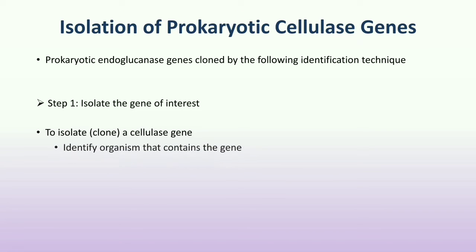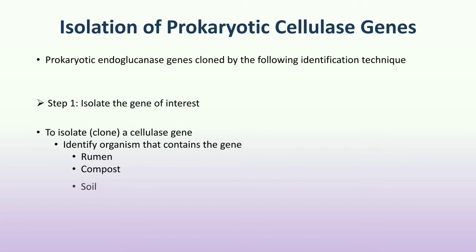This cellulase gene can be obtained from a number of organisms such as the rumen of ruminants like cows, compost, soil, leaf litter, decaying wood, and microorganisms, which are the main sources of the prokaryotic cellulase gene.